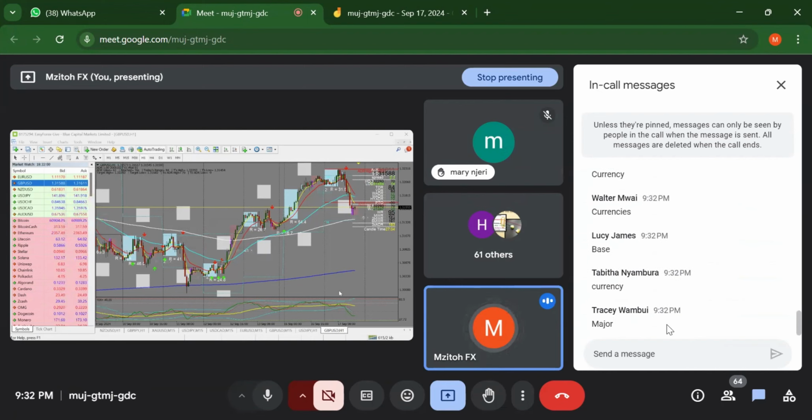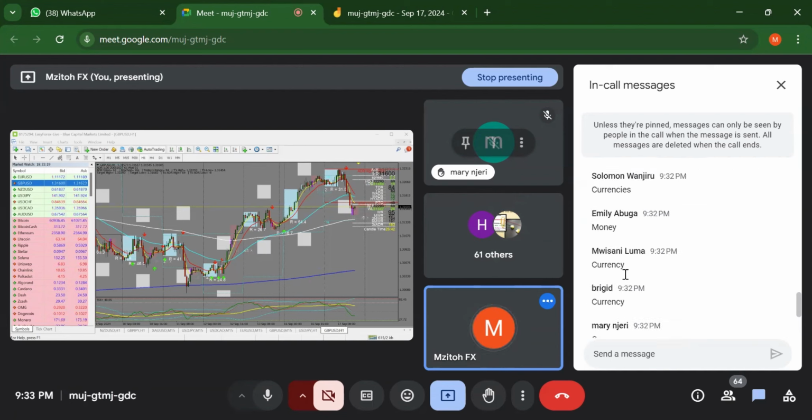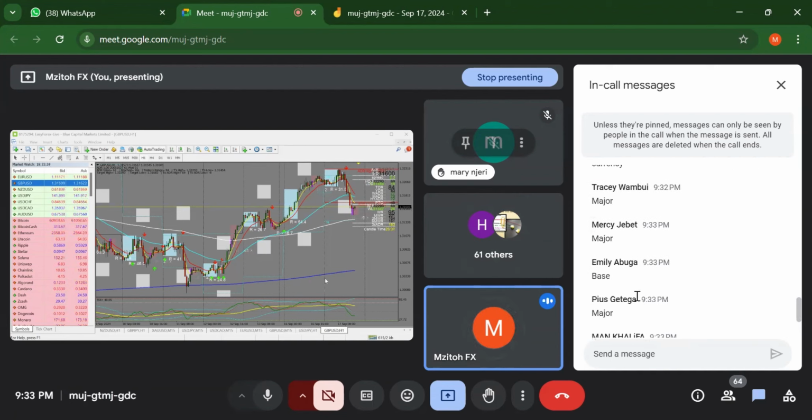Some of you answered major. But people are answering it right: base currency. So it's not major, it's base currency.